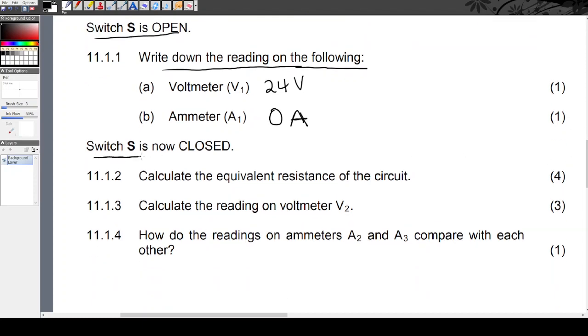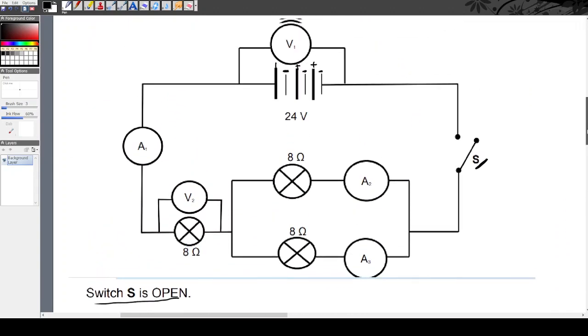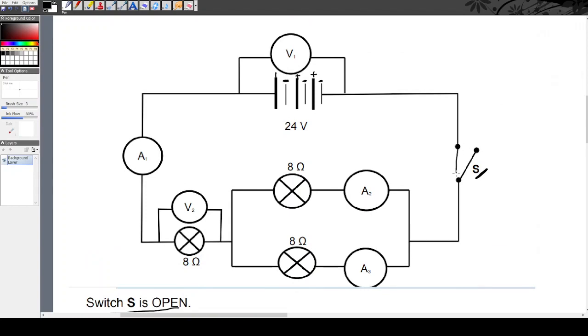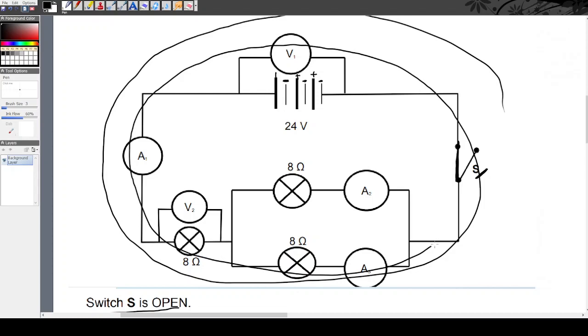Okay, now the switch S is closed. Note that. That is very important for us to note and understand. If they say switch S is closed, it means now we have current flowing in the circuit. Now there is electricity flowing around the circuit until this 24 volts is finished. So it means these three resistors will consume that 24 volts, because 24 volts is energy.